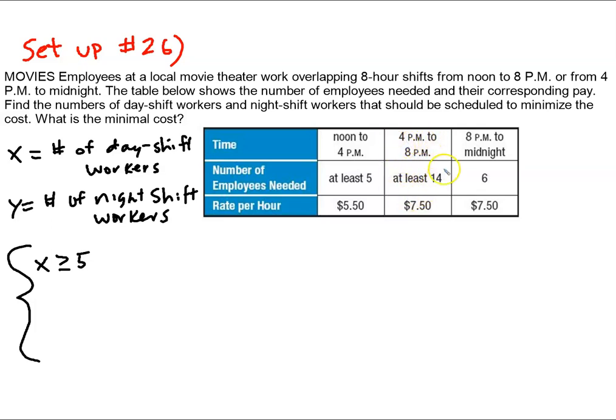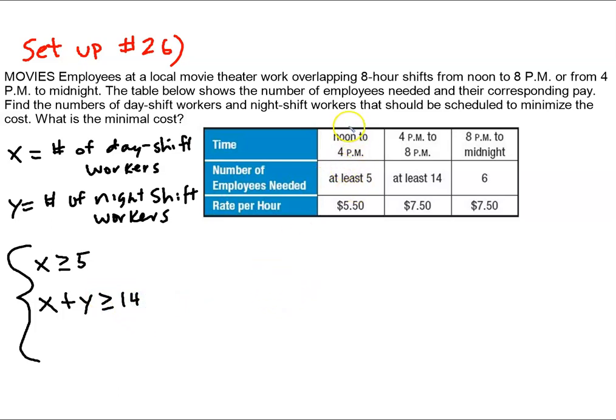So there's a period of time where day and night shift overlap. They work together in this 4-hour period. So this is going to be one of these additions. If I take day and night together, combined, day shift and night shift, I need at least 14 during this period.